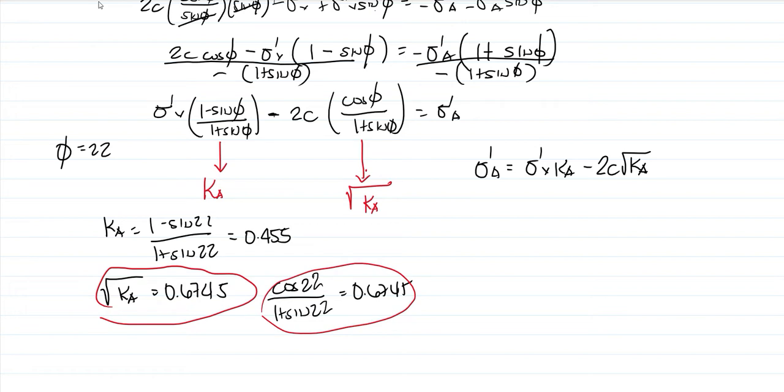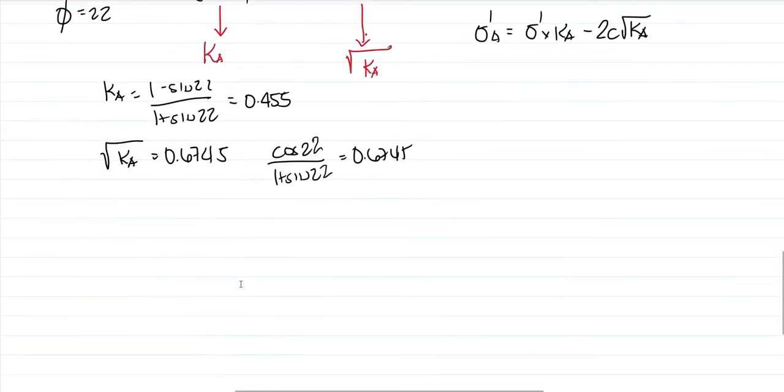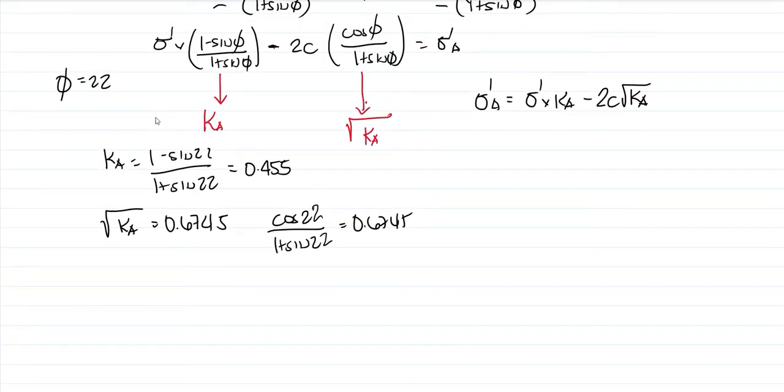So, meron pang isang equation na pwede kay Ka at kay square root ng Ka. So, para kay Ka, so sabi natin that is 1 minus sine of phi over 1 plus sine of phi. Tapos, pwede din siyang tangent squared that is 45 minus phi over 2. So, para lang natin ginawa na yung angle of failure plane niya kanina.